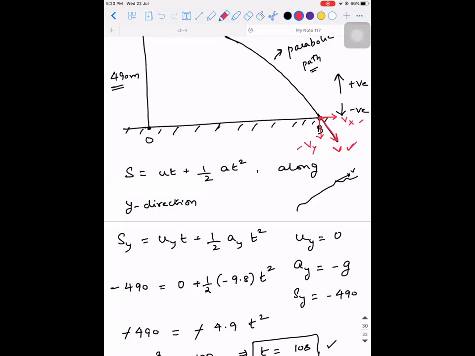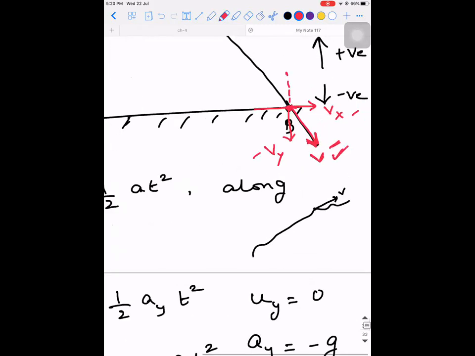We consider the initial point of the vector as the origin. So if the initial point is considered as origin, the particle is trying to enter into which quadrant? Look at the diagram, you will get clarity. So the particle is trying to enter into which quadrant? Fourth quadrant. It is into the fourth quadrant, right?